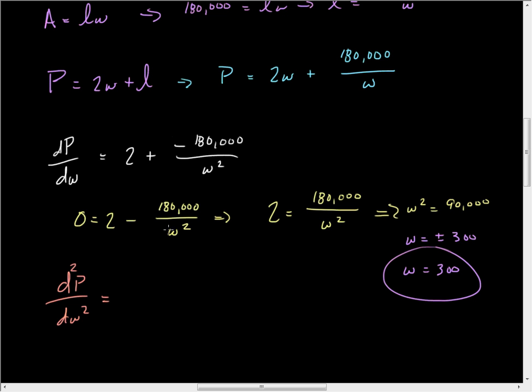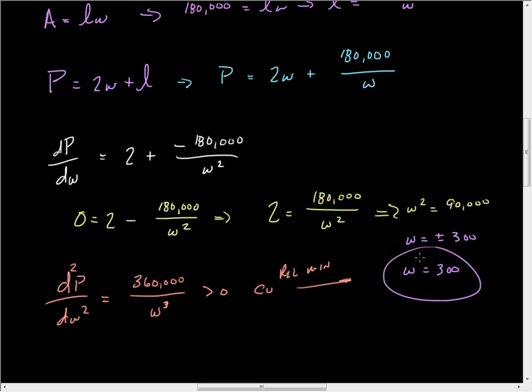The derivative of 2 is 0, and so you have the derivative of this, which is going to be, bring down the negative 2, gives us 360,000 over W cubed, and that is always greater than 0 because W is 300. So this is concave up, and so this is a minimum. Okay, that says that is a minimum by the second derivative test.